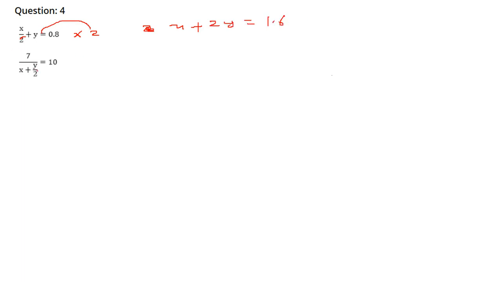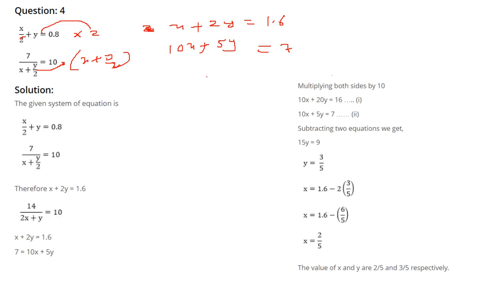Now take this x plus y by 2 here and multiply it by 10. So you get 7 equal to 10x, then 10 into y by 2 is 5y. Now for this equation, there are two possibilities. Either you write x in the form of y, or you make one of the terms equal so that you can cancel them out.